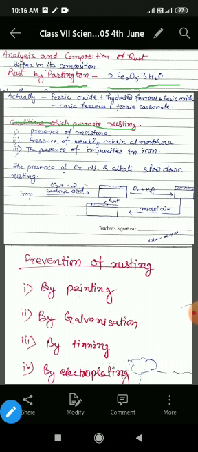Second is a weakly acidic atmosphere; in that case also the rate of rusting is faster. And third is the presence of impurities in iron. If impurities are present in the iron, the rate of rusting is fast.